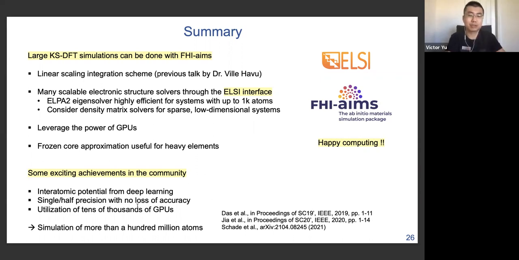Actually, for some operations, reducing the precision doesn't affect the numerical results at all, which doesn't mean that single precision can be used in every operation in the code, but it can be used somewhere. And GPUs in particular are very efficient for single and half precision. So this is another opportunity to further speed things up.